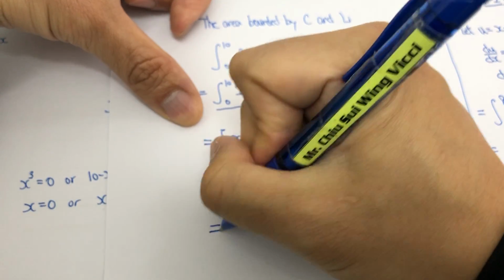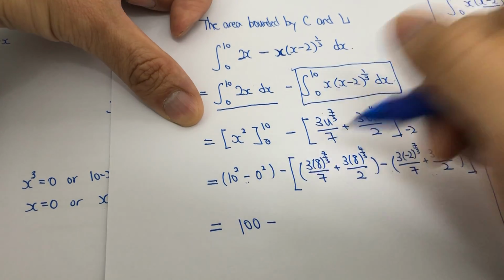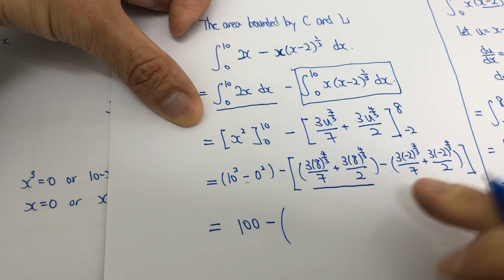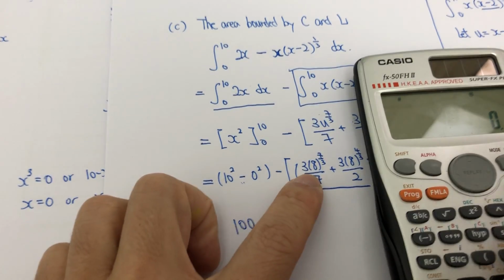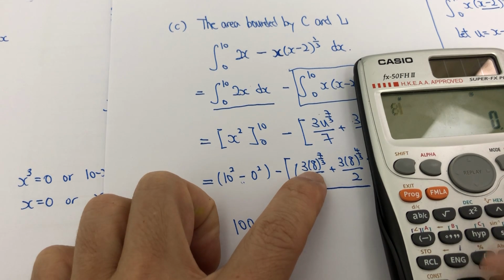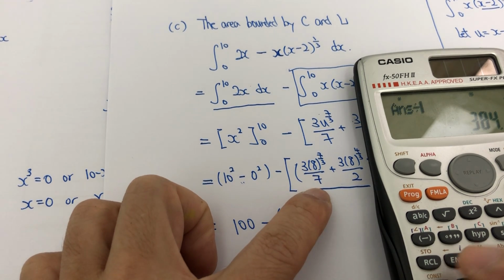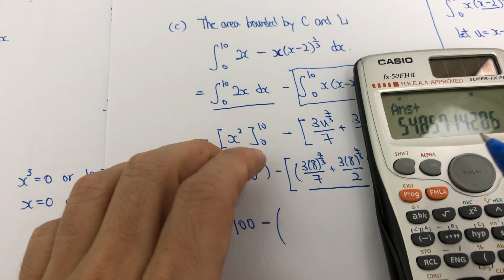And then, now, this is easy, just 100 minus, so let's use a calculator to calculate this. Let's start from the most difficult part. So this part, 8 to the power of 7 over 3, and then times 3 divided by 7, and then plus, this result plus.